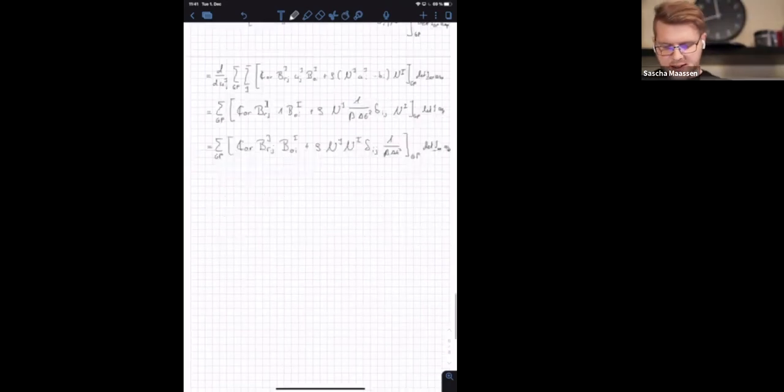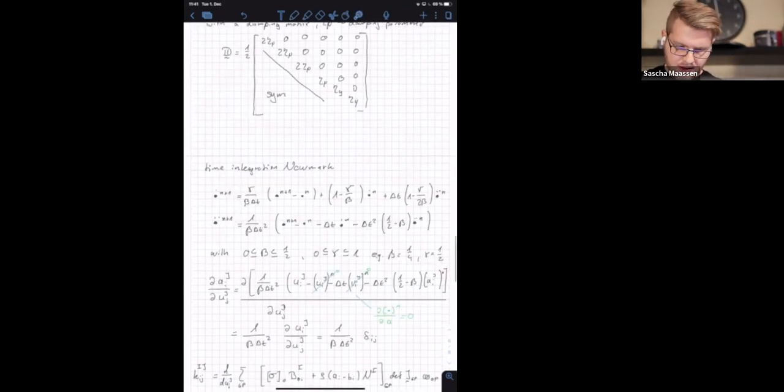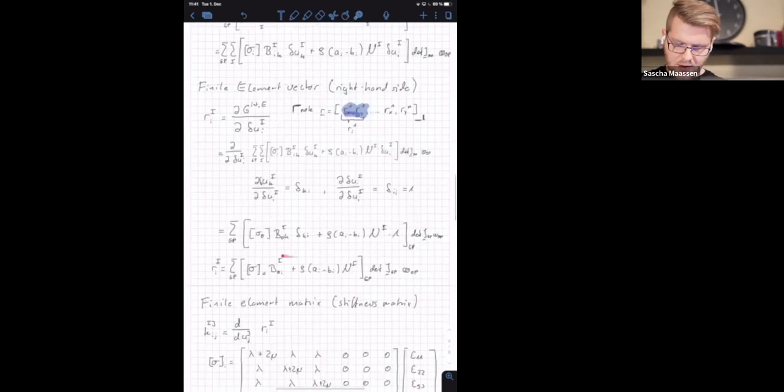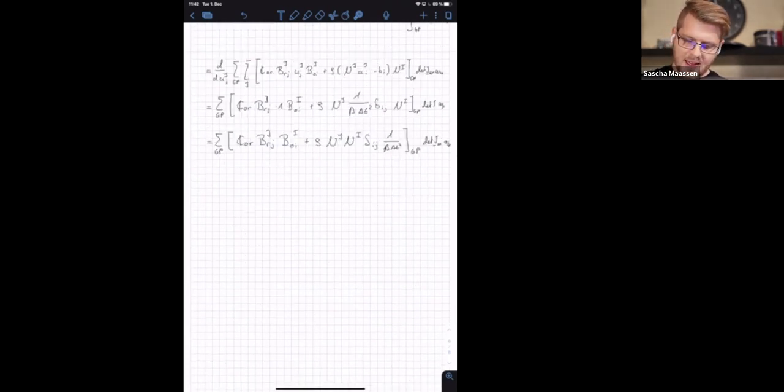Anyways, besides these dynamic terms that we've taken into our residual here, into our element vector, this is like the standard element vector for linear elasticity in the steady state case. And we have just derived the tangent matrix, including some dynamic terms here.